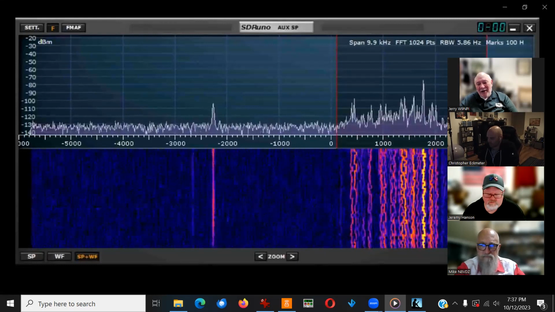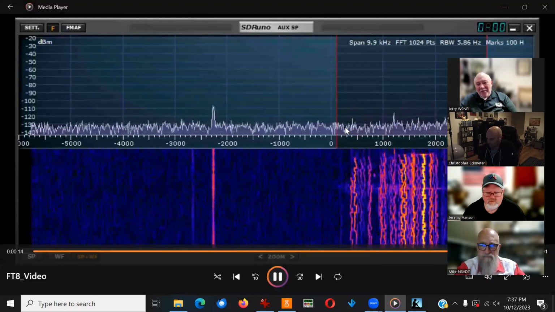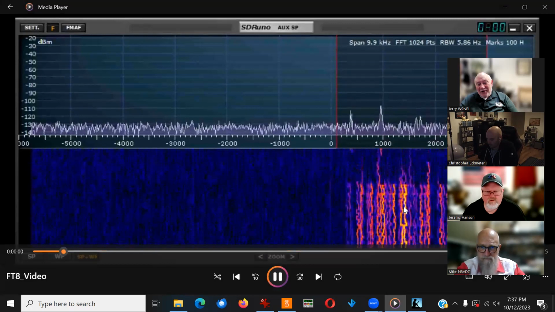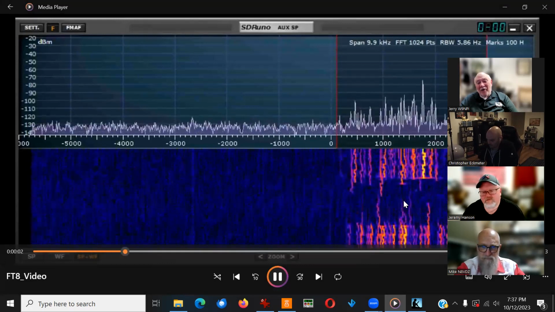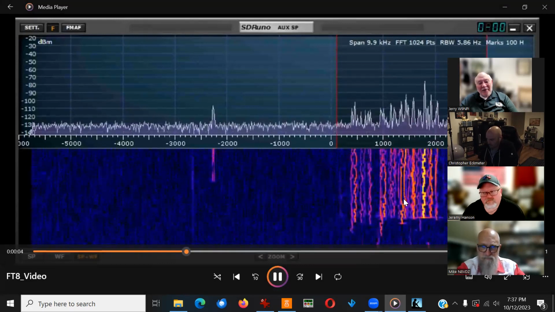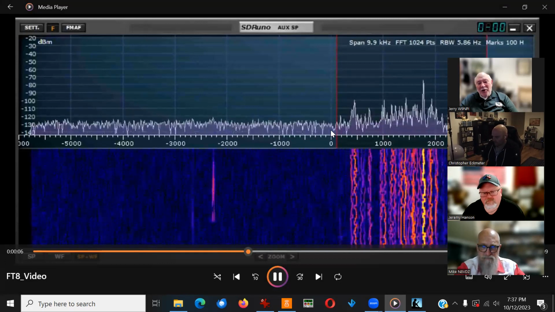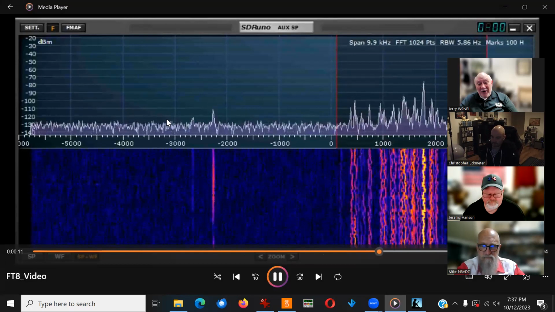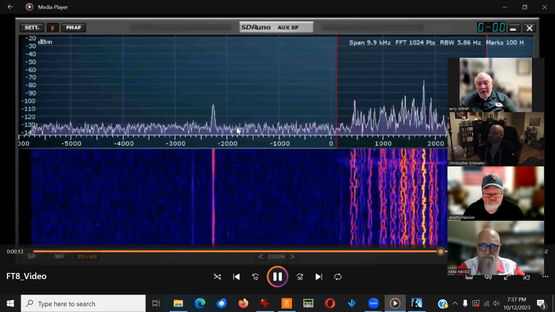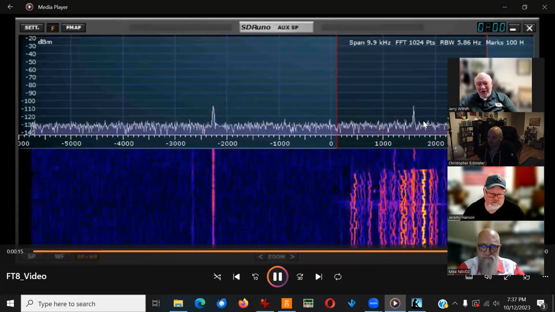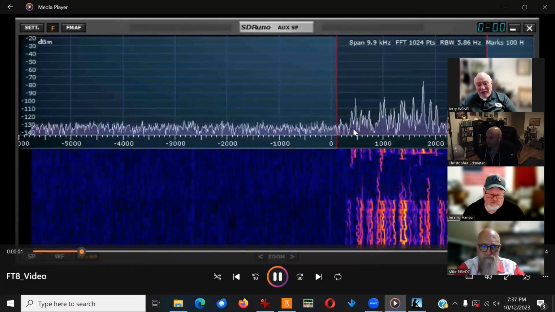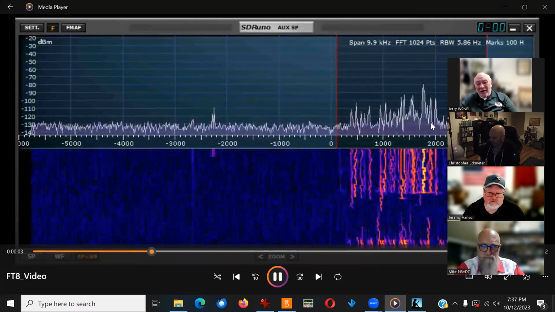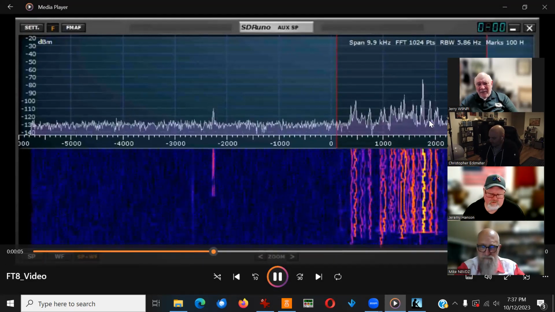Now the thing is, you can pick up signals that are way below the noise. You can't even hear the signal, but the computer picks it up for you. This takes about the same amount of space, the 3 kilohertz, as a sideband signal.